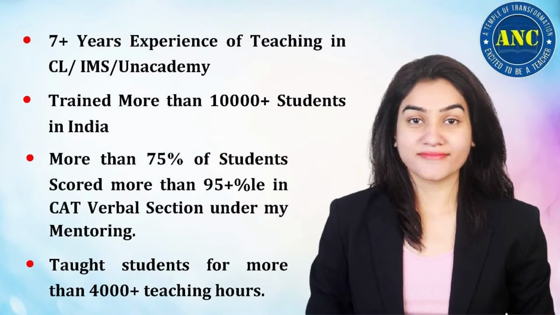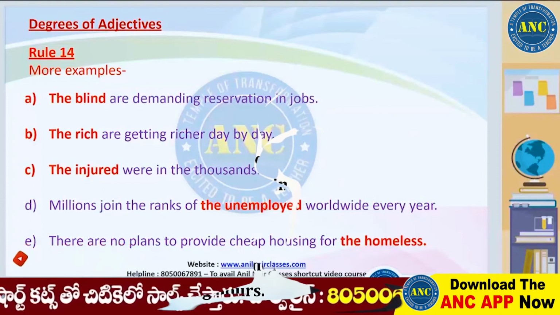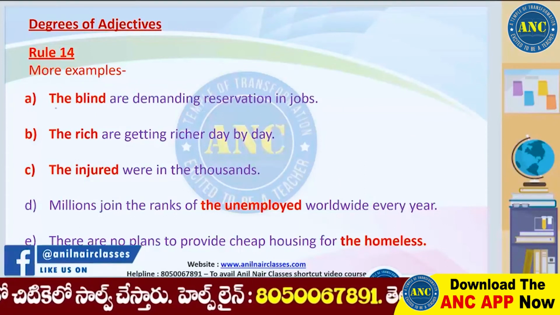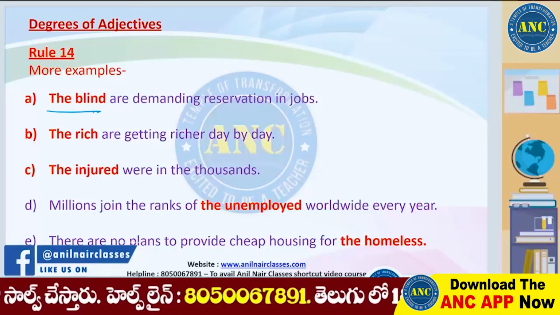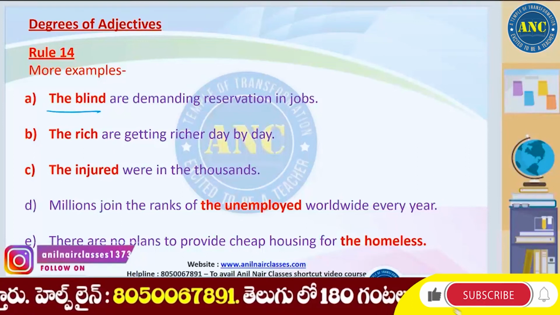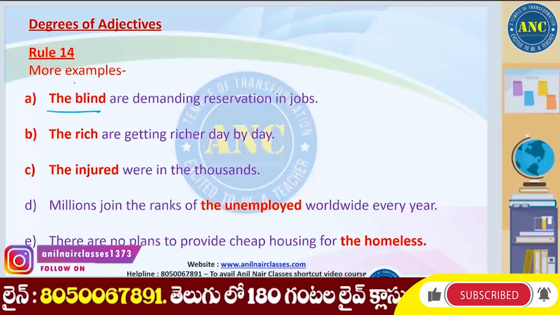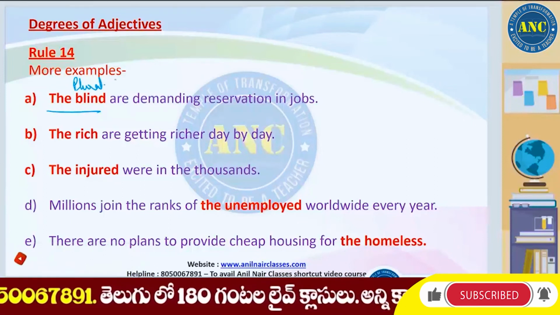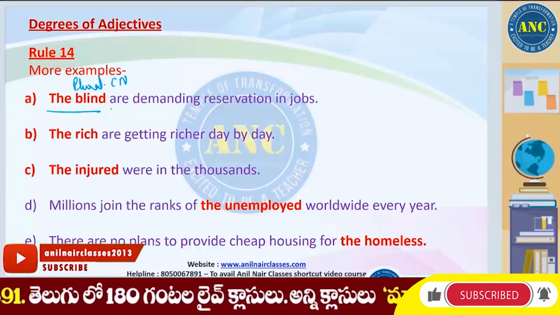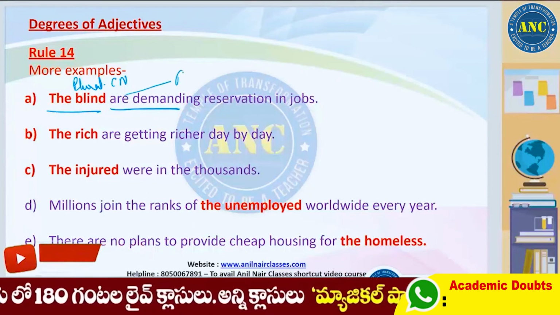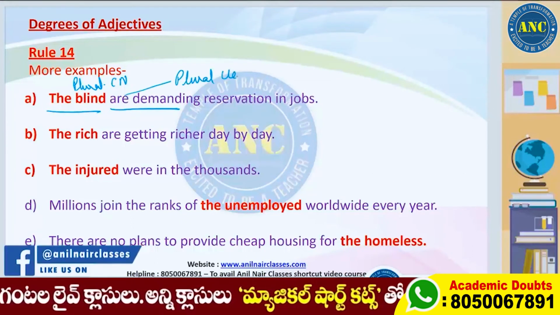Let's see the examples. The blind are demanding reservations in the job. So here the blind are talking about all the blind people, right? So it's a community of the blind, which is the plural subject over here. So it's a plural common noun. That's why are is the plural form of the verb which is used.